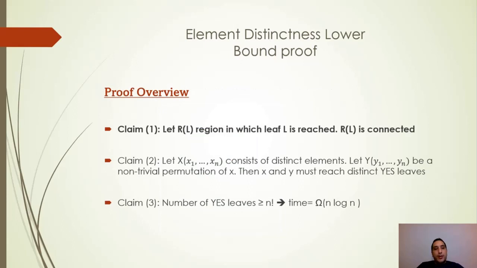Now we're going to talk about the first claim. That is, if we take a region, R of L, in which leaf L is reached, R of L is connected. A region R is connected if for any points x, y belonging to R, there exists a path from x to y passing entirely through R. There is another type of region called a convex region.